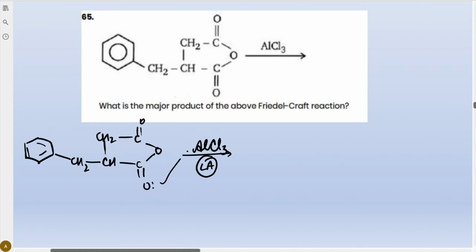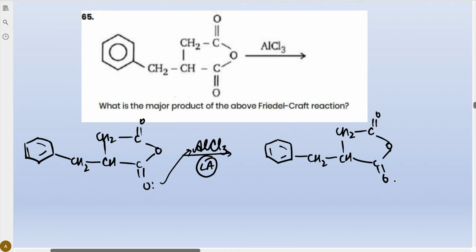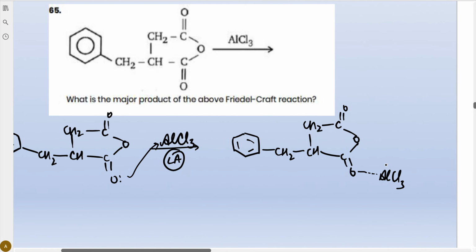So this oxygen will go and give lone pairs to AlCl3 by Lewis acid and Lewis base interaction. So what you will get, this cyclic, and O will try to donate its lone pair by coordination bond to AlCl3, and a coordination bond we can always write like a covalent bond, and negative and positive we can write.